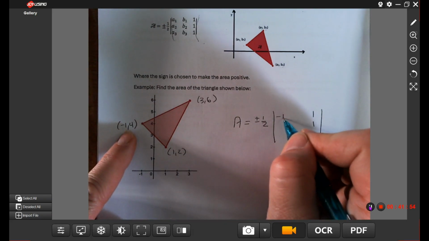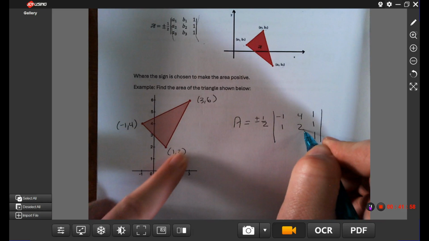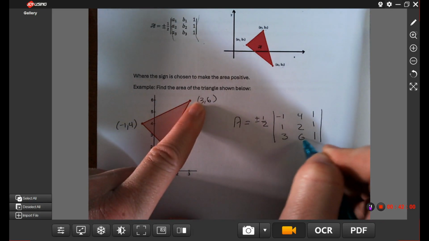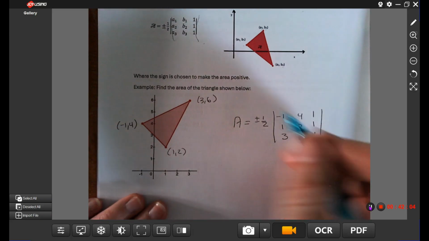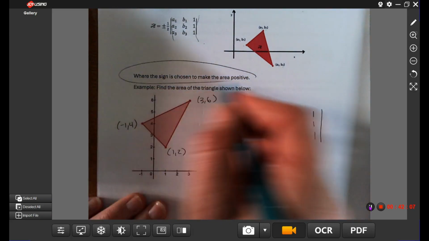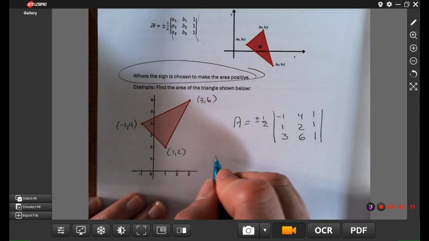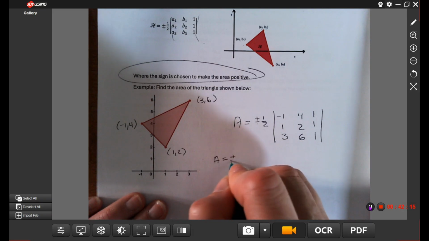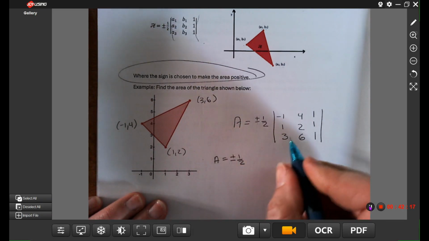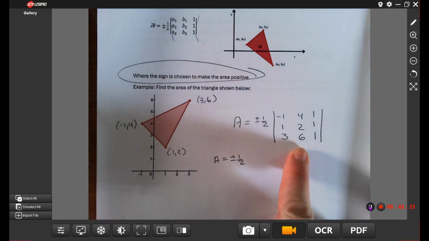So -1, 4, 1, 2, 3, 6, and now I have my matrix. And notice we're going to choose the sign that makes the area positive. That means here the plus or minus, so I have to save that until later because I don't know what this determinant is yet. So I have plus or minus a half times that determinant, and we're going to do that determinant with the calculator.